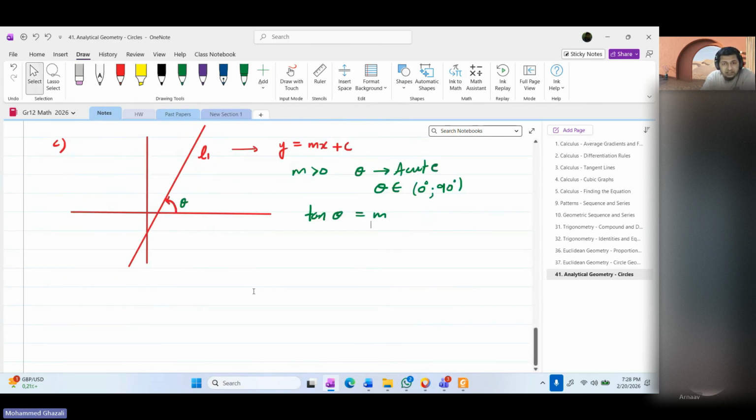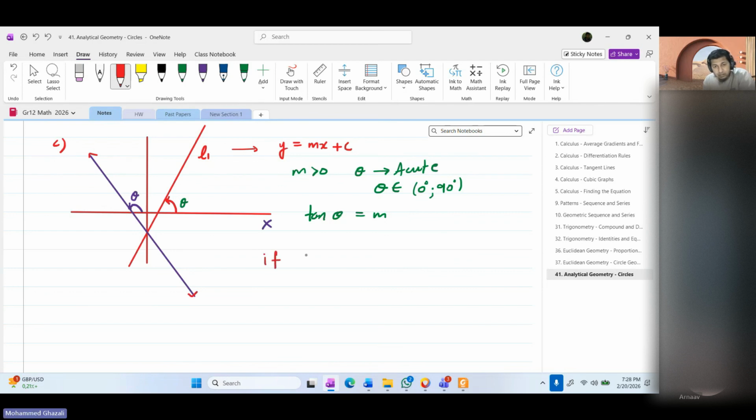What's the second scenario? The second scenario is if angle theta is something like this, right? I'm just going to put it on the other side. Remember, angle theta is always an inclination angle starting from the x-axis touching the line. So this is decreasing. So if the gradient is less than 0, it means it's a decreasing function.